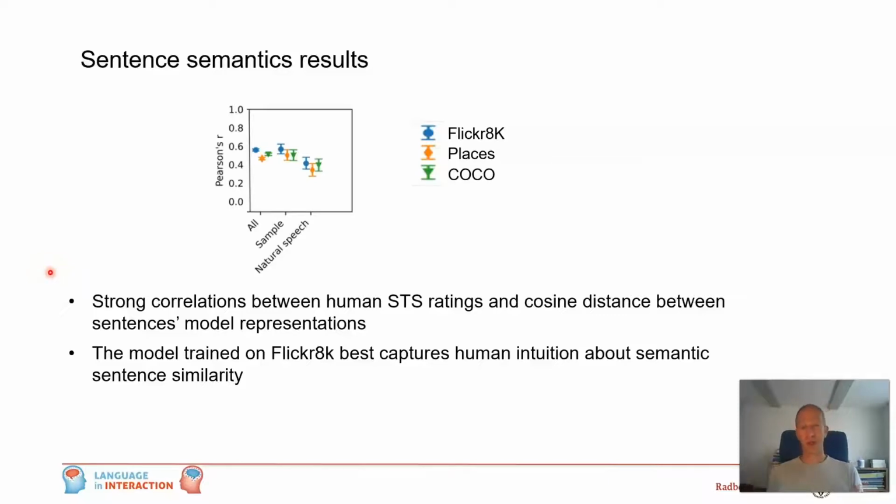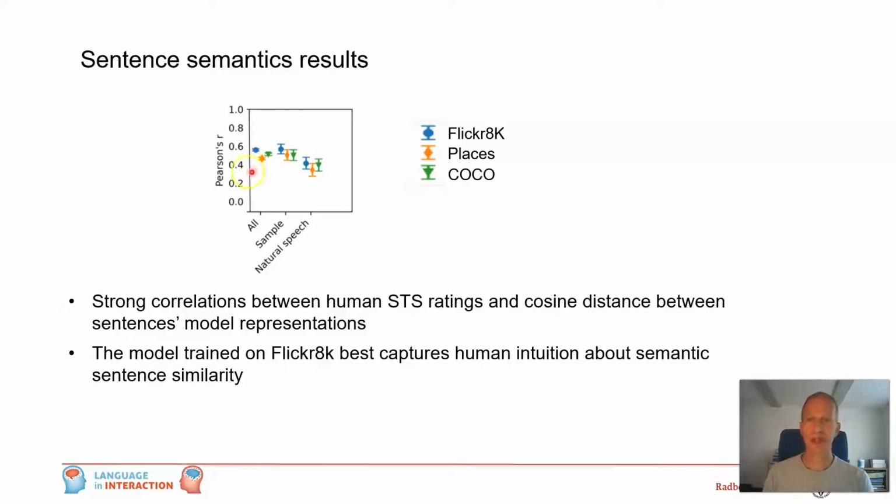Now, does it work? Do the caption embeddings mirror human semantic similarity ratings? We look at the cosine similarities between the pairs of STS caption embeddings, and we compare these to the human similarity ratings for the same pairs. Then we see that the correlation between these two sets is actually quite high, up to 0.6. So indeed, sentences that are rated as highly similar by humans have caption embeddings that are close together.